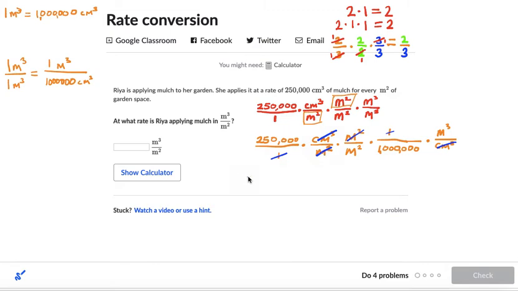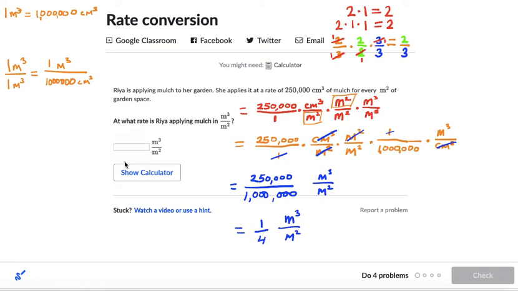So now we've got 250,000 over 1 million, and we have meters cubed over meters squared. We're really close to what we need now. We just need to calculate what this is here. And that one finally is just 1/4, 1/4 of a meter cubed over a meter squared.